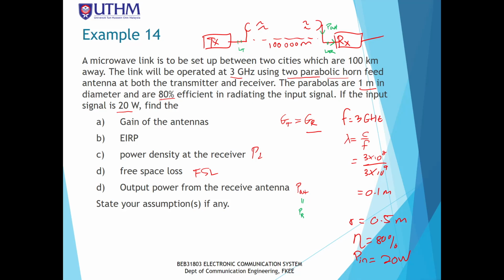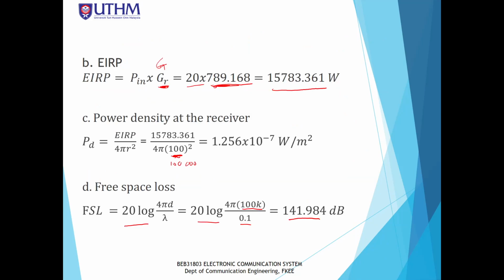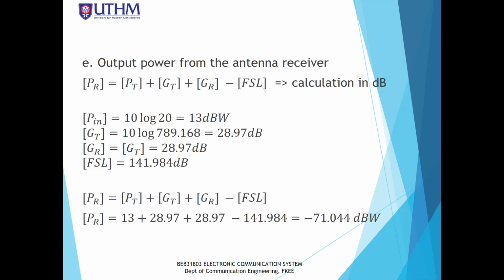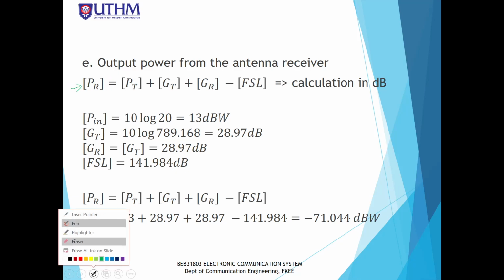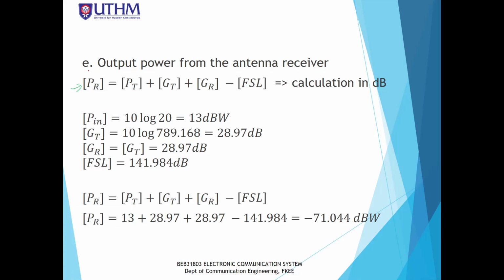Okay, dalam nota ini dia bertukar-tukar antara P out dan PR kerana tidak ada losses yang lain selain daripada FSL. So don't be confused. Okay, so it starts with PR. Remember, PR here in this example is the same as P out, because there is no other losses other than the FSL.